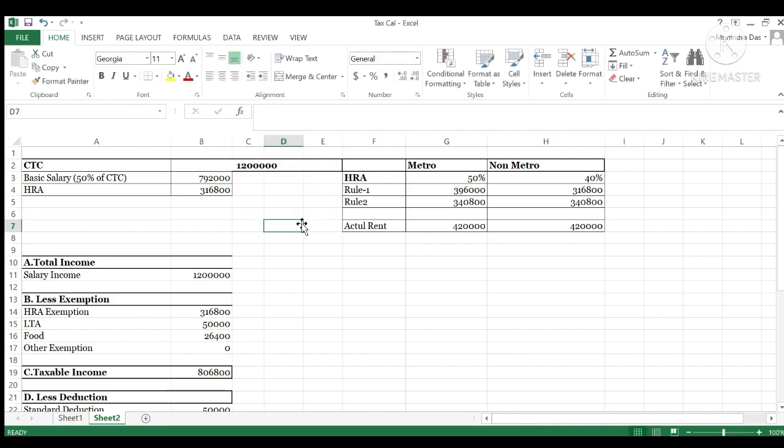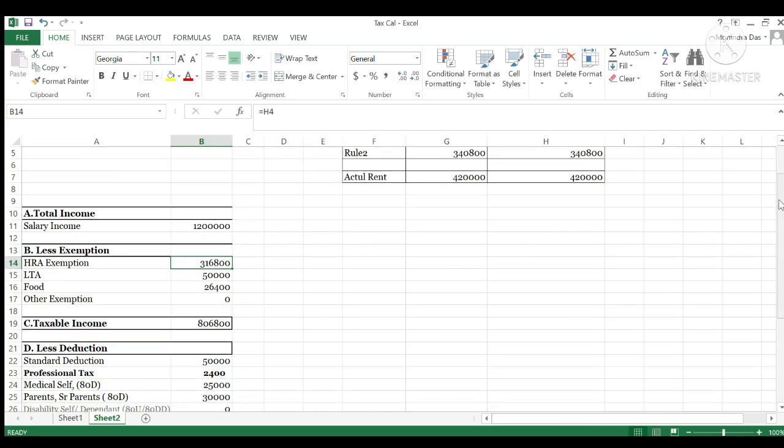So how much is your basic salary right now? 7,92,000 rupees. Look at here, everything changes. Right now, what is your HRA? 3,16,800 rupees. Rule number 2 is 3,40,800 rupees, which is higher than 3,16,800 rupees. So here comes your HRA of 3,16,800 rupees.